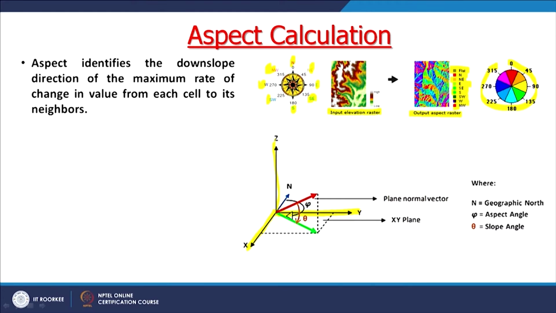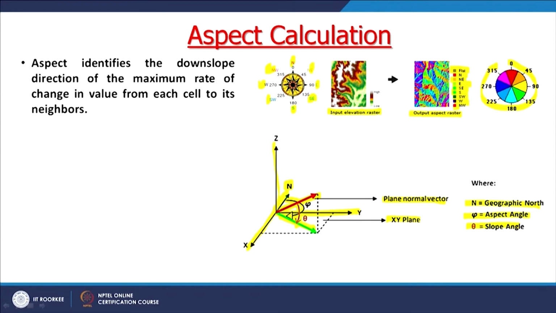The angle between the plane normal vector and the z axis, that is theta, is the slope. Now, with reference to the north shown here, the angle to this green line on the sloping surface becomes our aspect, that phi angle.